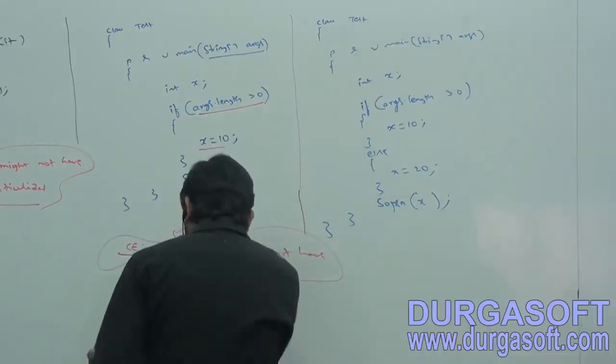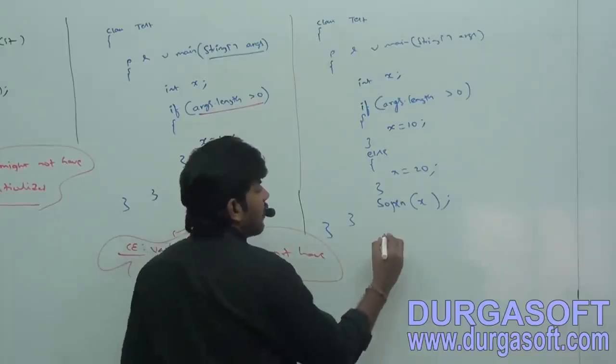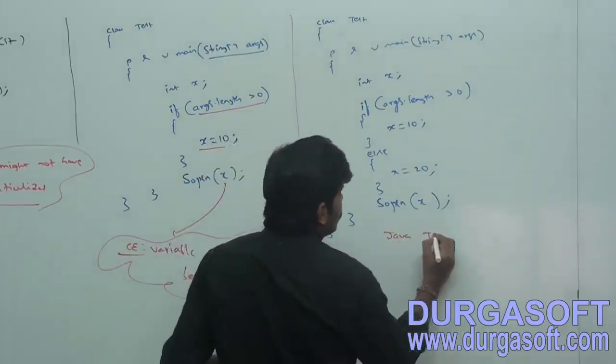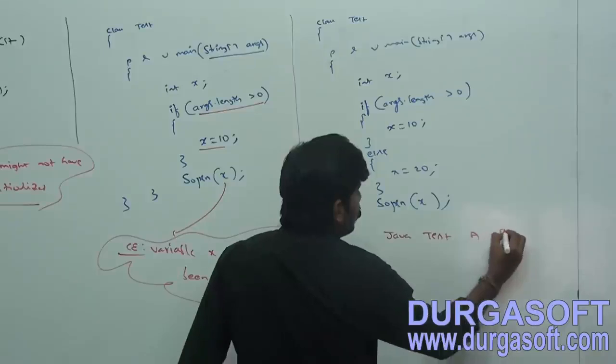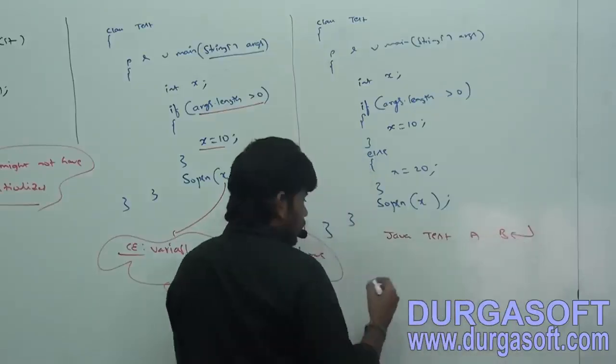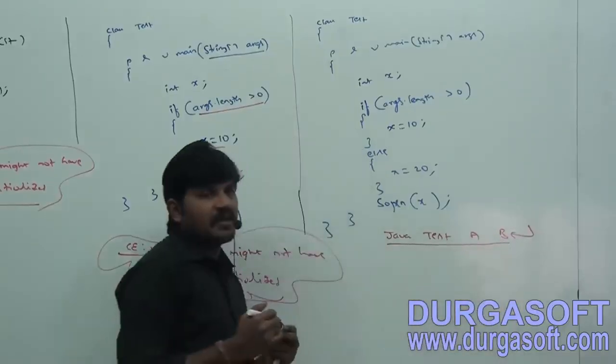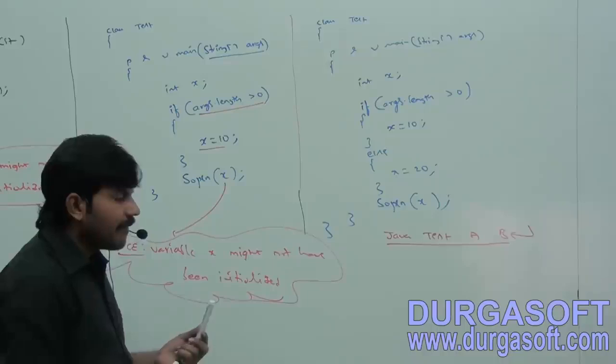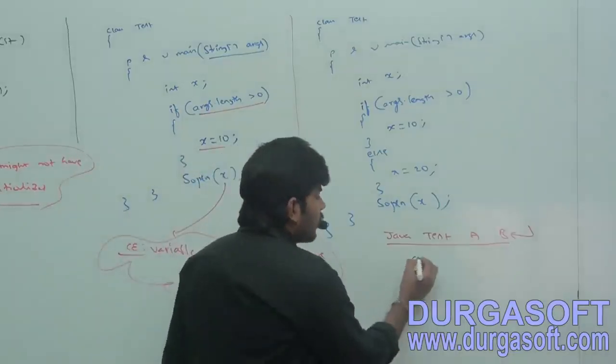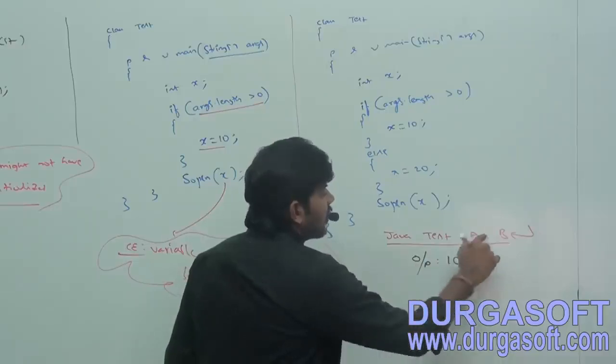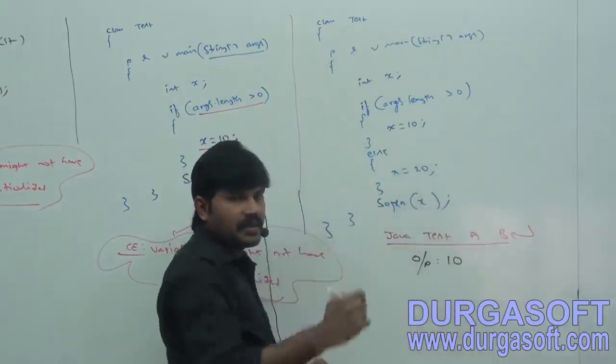Now, if I take like this, sir, java Test A B, I am passing command line arguments. What is the output? 10. Because I am passing command line arguments, x is 10.